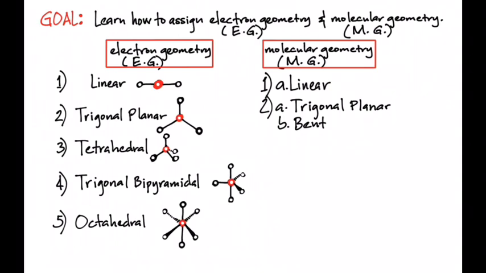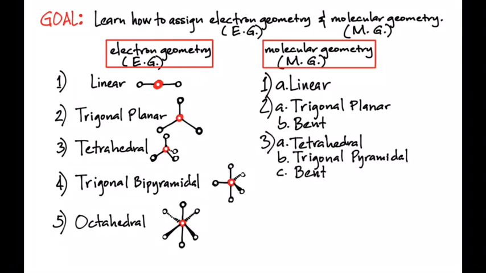What about tetrahedral? For tetrahedral, you can have 3 different subtypes, 3 different molecular geometries. It can either be tetrahedral as well, trigonal pyramidal, or bent. And the fourth one here is trigonal bipyramidal.